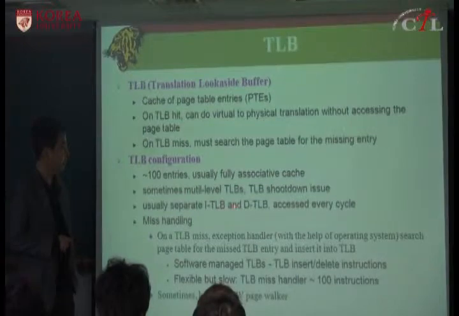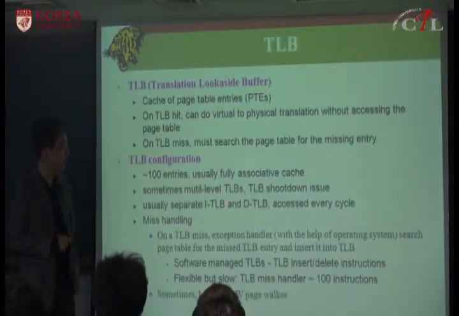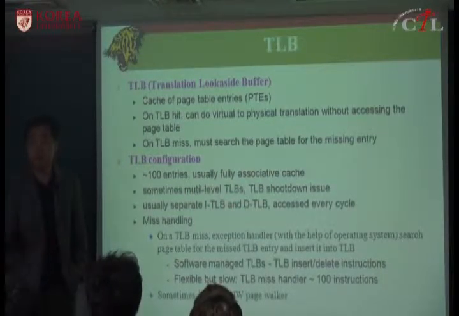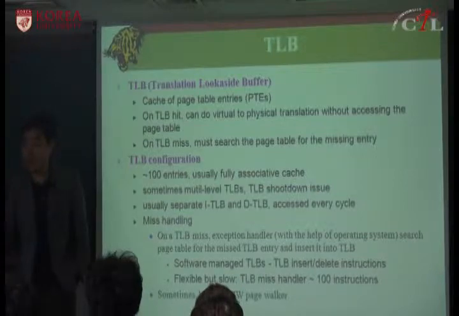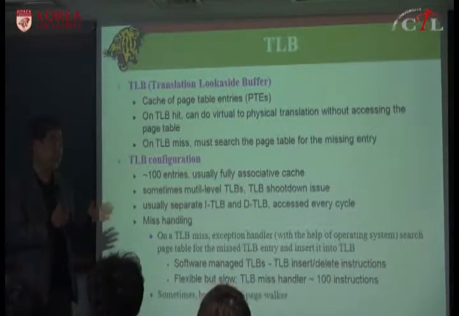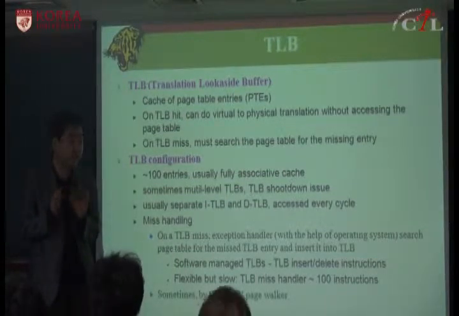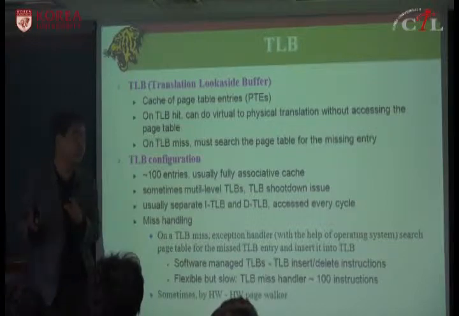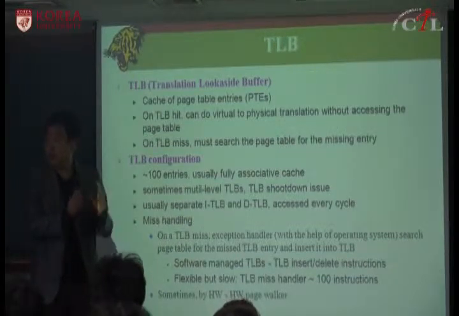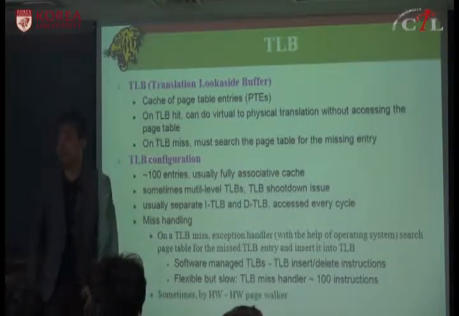For the first level TLB, it's usually separated, instruction TLB and data TLB. Same as cache. Cache usually, first level cache is separated, instruction cache and data cache, because the reference pattern and locality is a little different for instruction reference and data reference. So by separating, you can optimize the structure more optimally for that reference string.